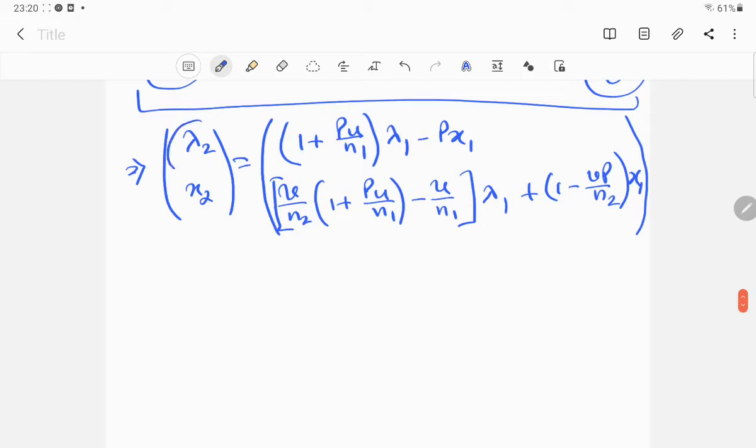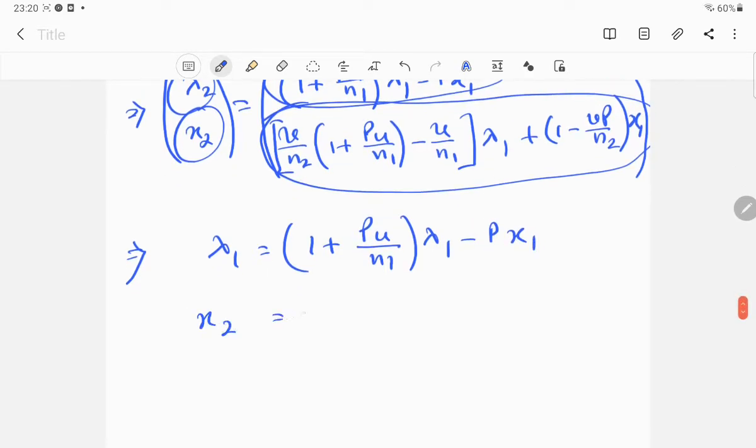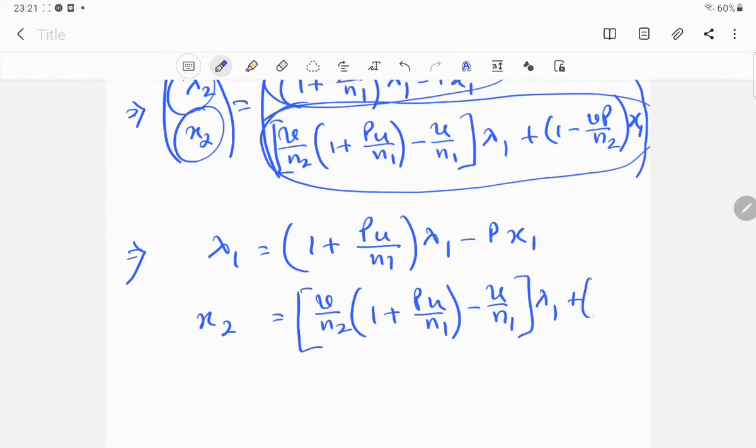So can we compare the elements? Since these matrices are equal, we can compare the elements. So we have lambda 2 equal to 1 plus pu by n1 lambda 1 minus p x1. Similarly, x2 is equal to v by n2 1 plus pu by n1 minus u by n1 into lambda 1 plus 1 minus vp by n2 into x1. Okay, so that's what we have.